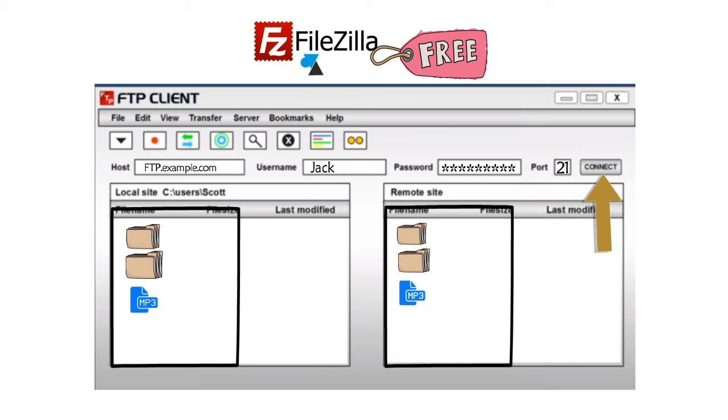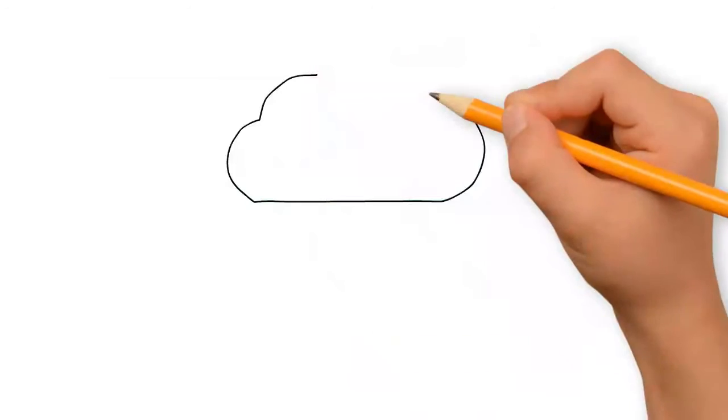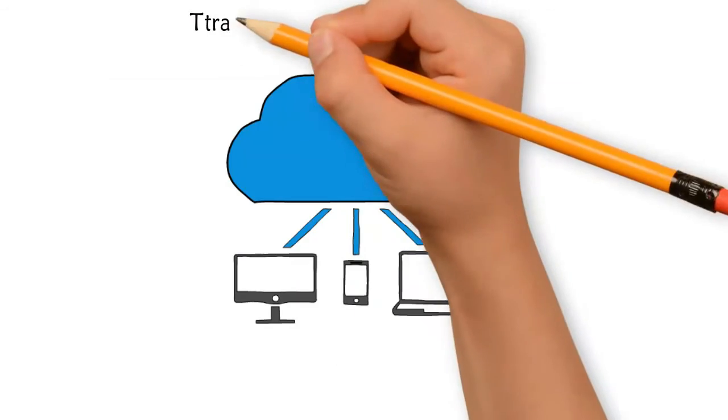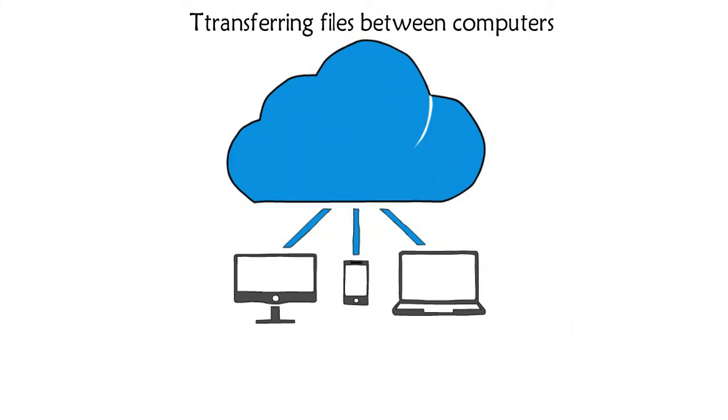And if you have the proper permissions, you can also upload files from your computer to the FTP server by dragging them from the left pane to the right pane, and then the files will be uploaded to the FTP server. So transferring files between computers is a common use of FTP, especially when you're transferring files in bulk.